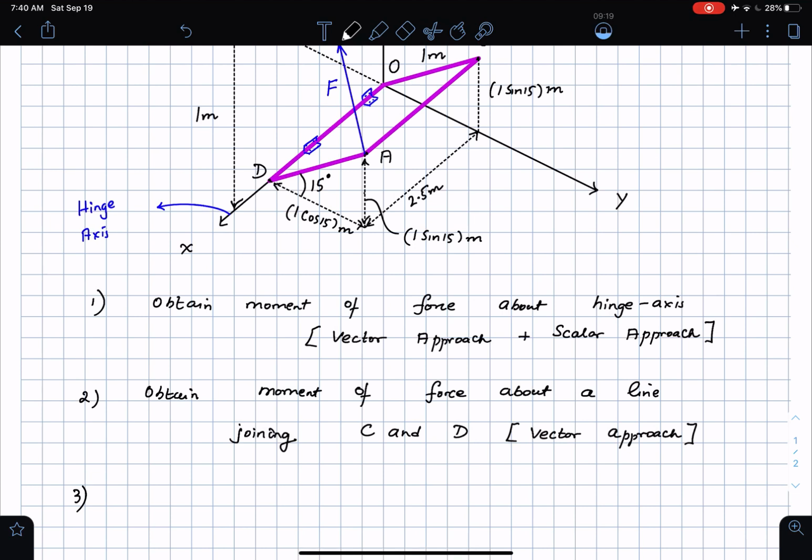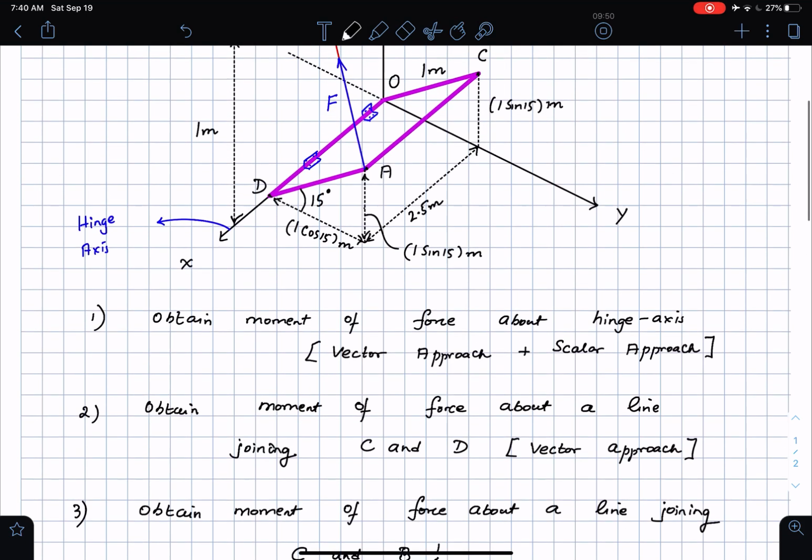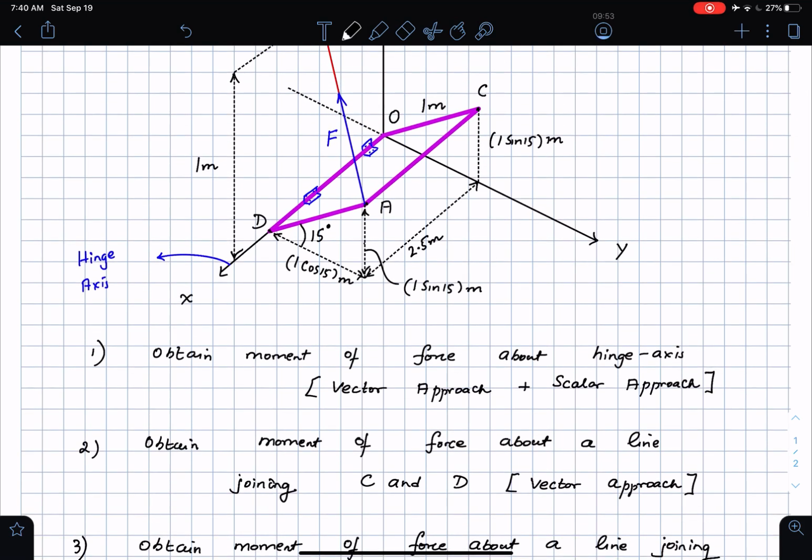Of course, you can use the scalar approach too, but let me do it using the vector approach, just to get ourselves familiar. And then lastly, obtain the moment of force about a line joining the points C and B. Okay, that's the other thing.